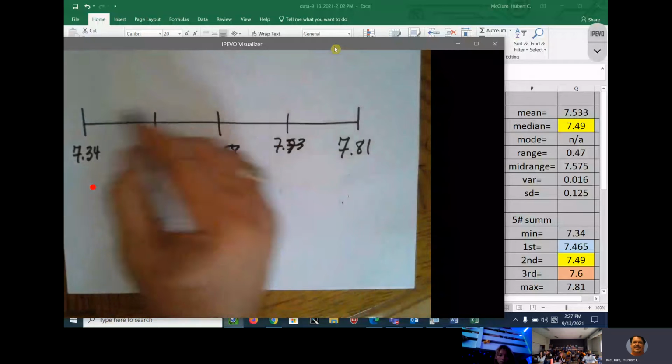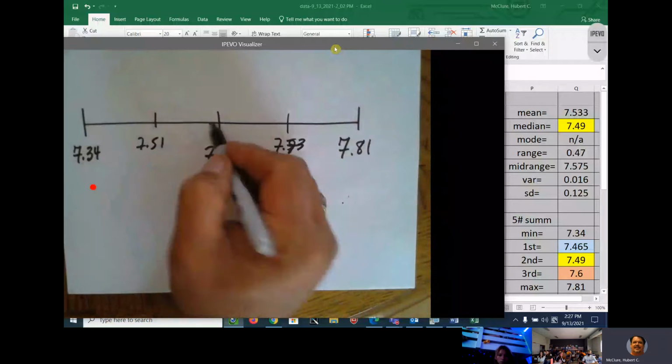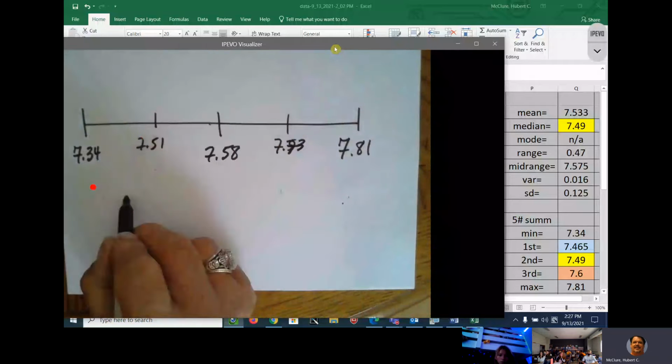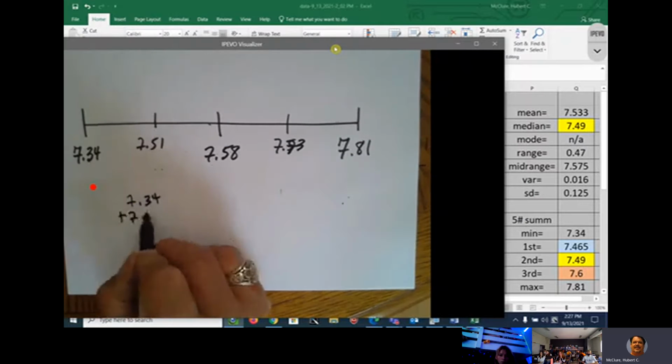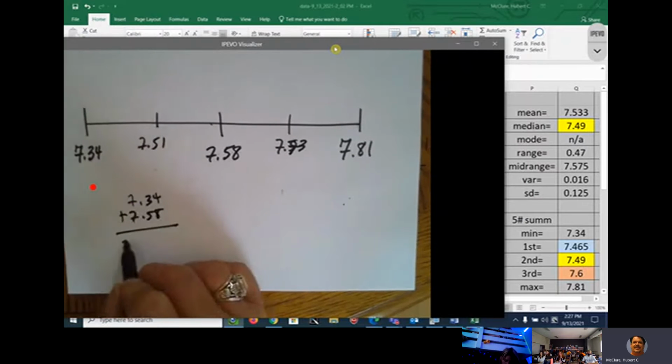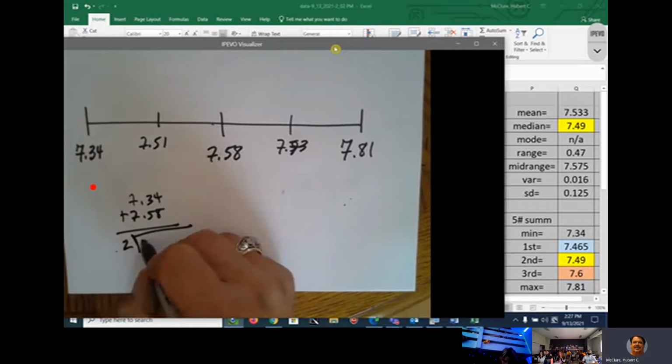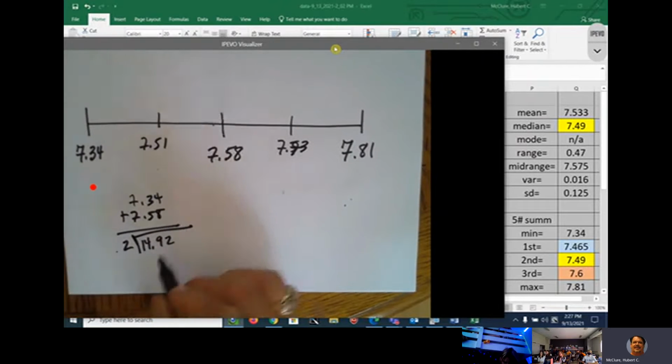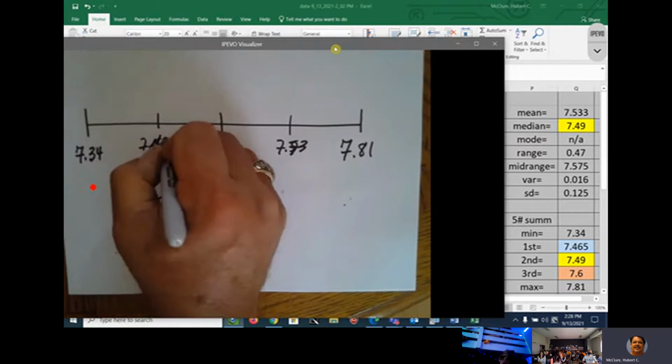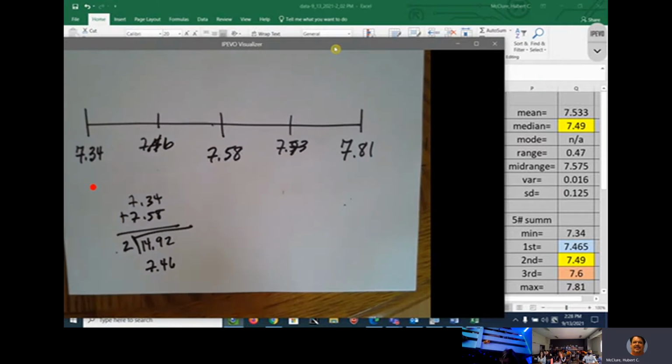You find the mid-range of these two. 7.34 plus 7.58 divided by 2. That'd be 14.92, and that'd be 7.46. Because it's 24 and 34. Okay, you're good. I was just kind of confused.